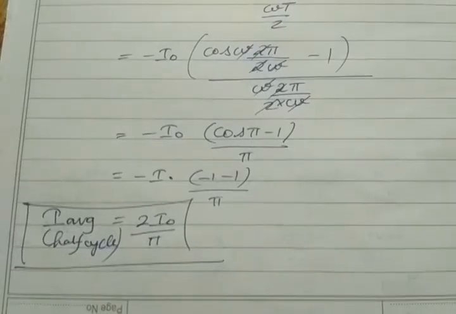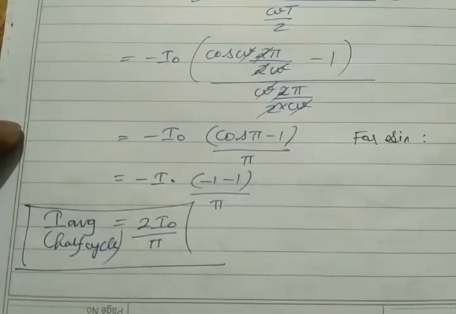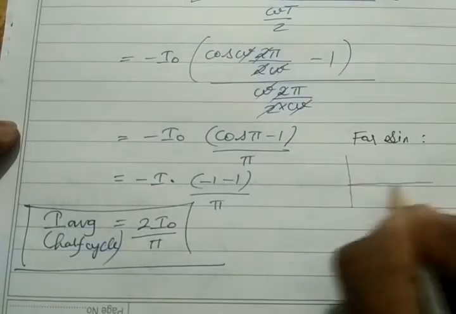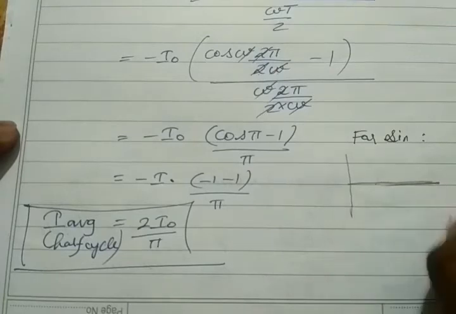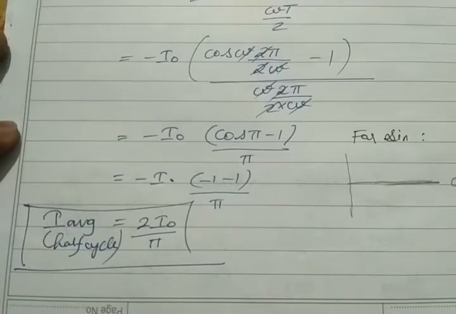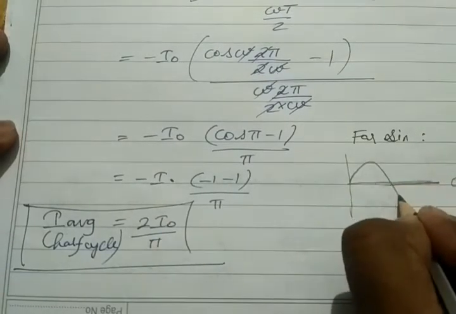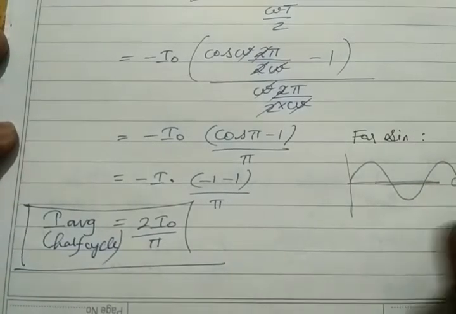So I will teach you one simple trick using the graph. Then you can easily find the value for all 4 quadrants. For the sin value, take the graph. The graph always starts with 0 for sin, so this is the 0 line. The graph starts here: first half cycle, second half cycle, third and fourth quadrant.